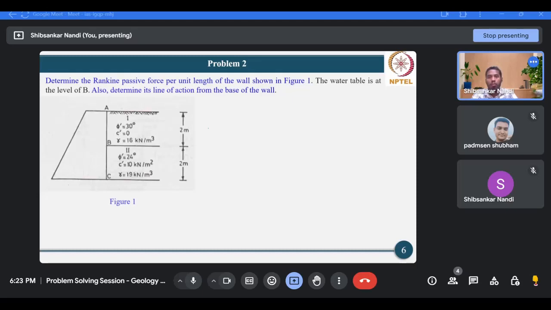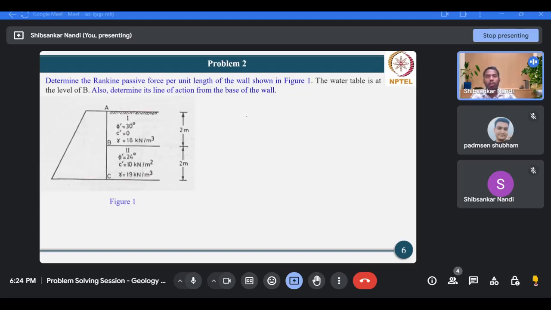So from this problem onwards we will also deal with the passive problem, since this is also a very important consideration for the design of retaining wall. In this problem we have to determine the Rankine passive force per unit length of the wall, which is shown in figure 1.